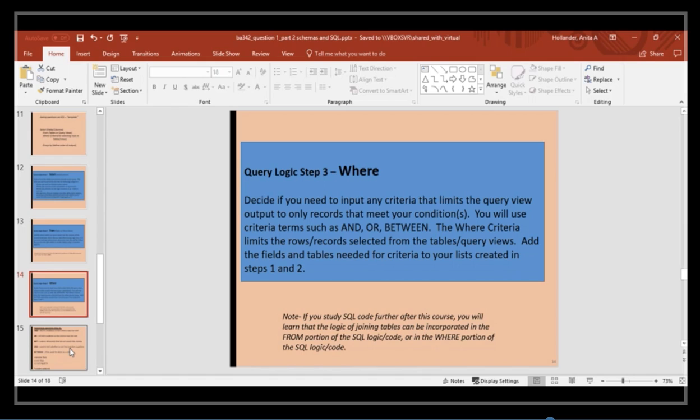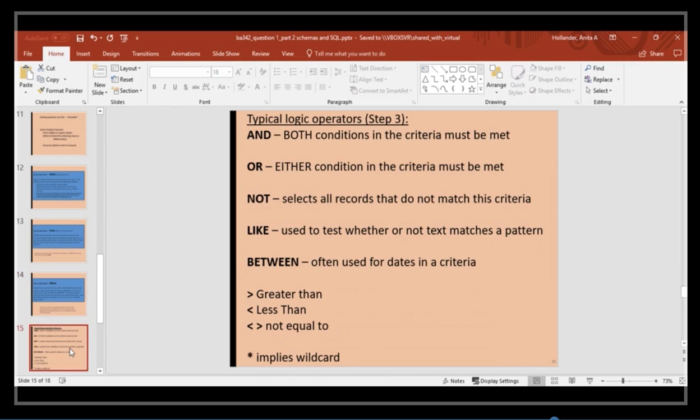We never know, but I'm going to put that logic inside the where part of my SQL. And as we go through the class, you'll begin to realize there's a lot of different logic operators that you'll learn about that apply to SQL and every other business tool that you use. And you've already used a lot of them in Excel.